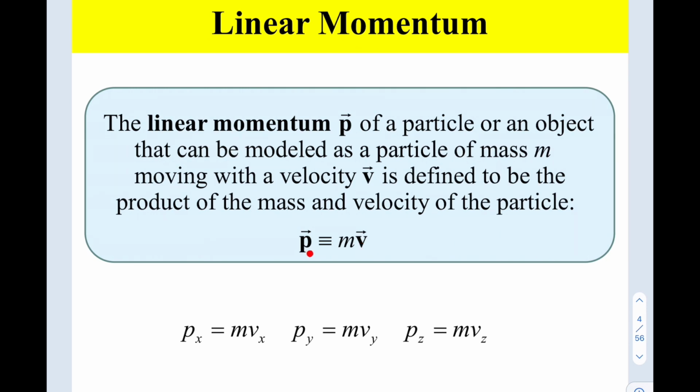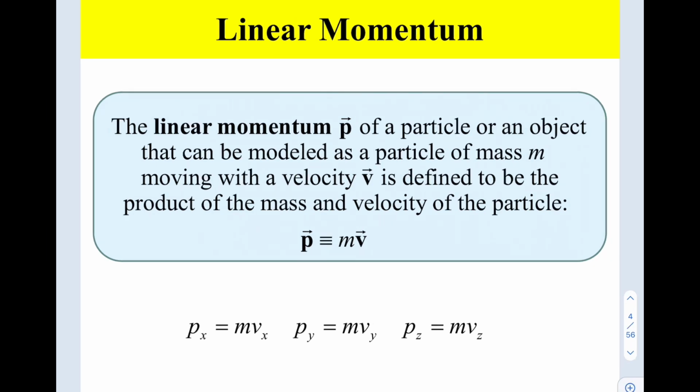So bear in mind that P here is a vector, therefore it has components: x component, y component, and z component. Newton defined linear momentum, or named it, as the moving characteristic of a particle.